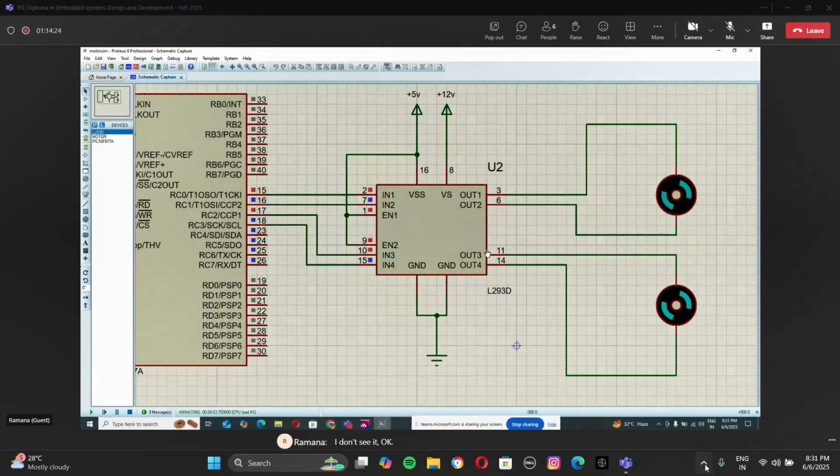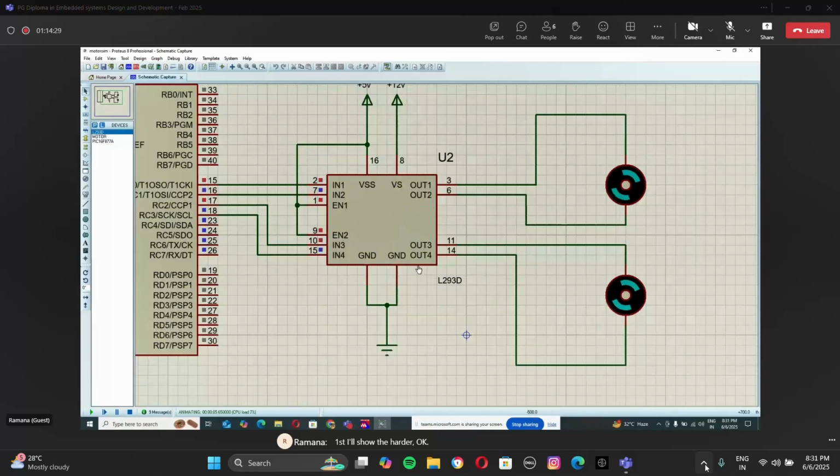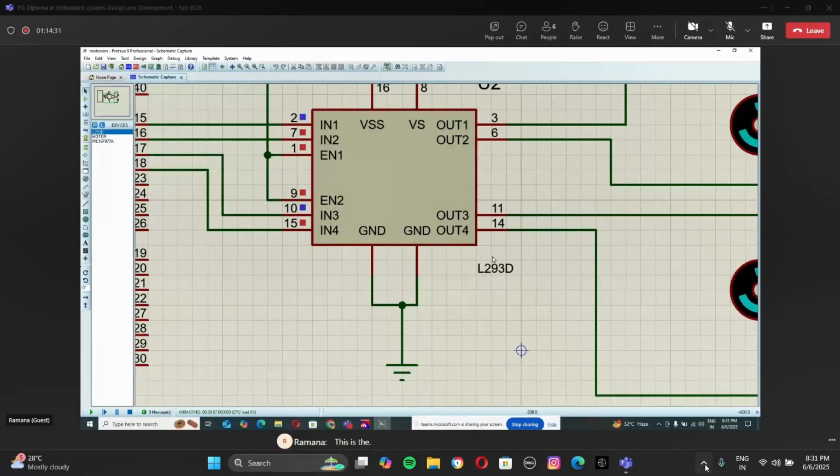This is the L293D. This is the motor driver IC.